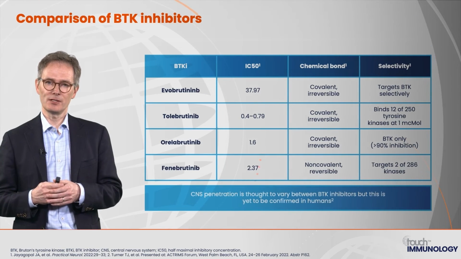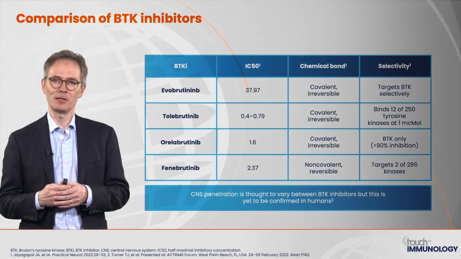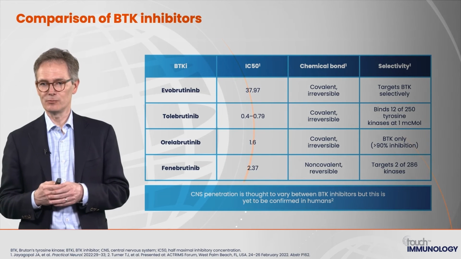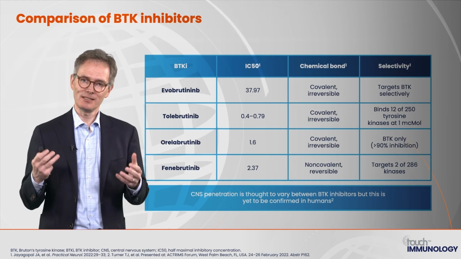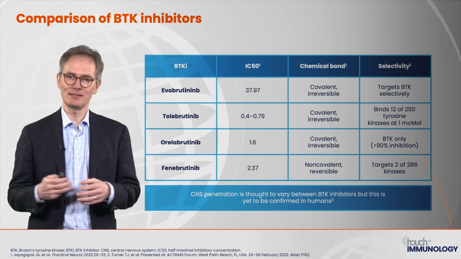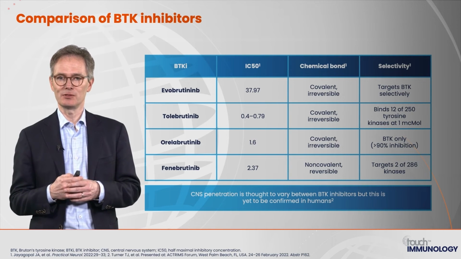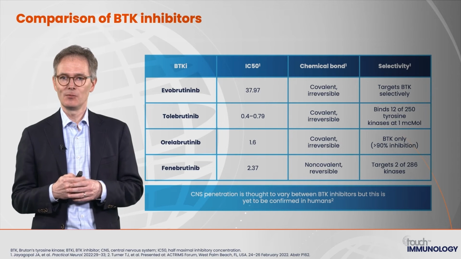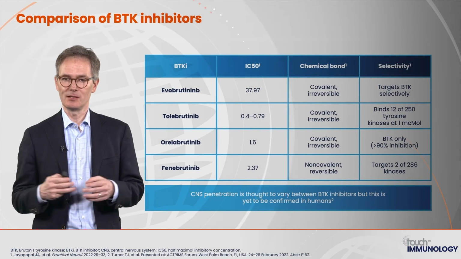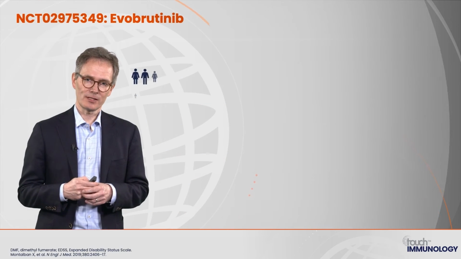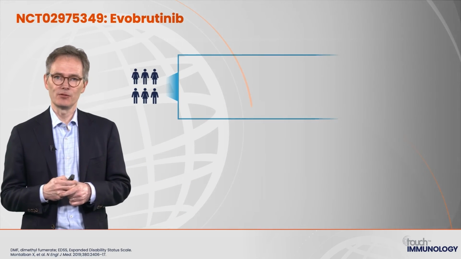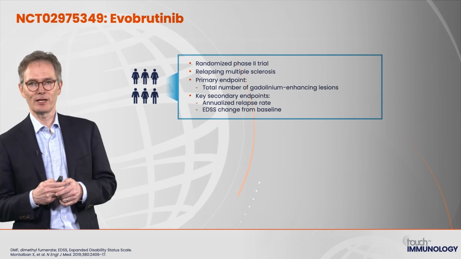And of course, they might differ in their CNS permeability. And as I told you before, that would be one interesting mode of action, that these drugs can go into the CNS and impact the immune response directly in the CNS, which many of our drugs, namely the monoclonal antibodies, cannot. So the first drug that I want to present you is evobrutinib, the phase 2 trial of this drug.